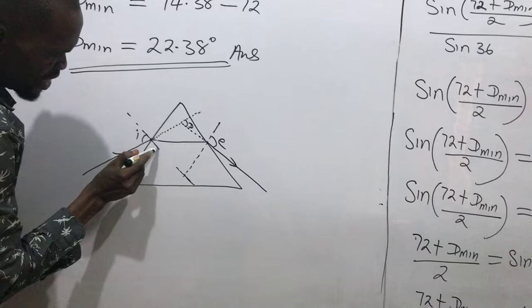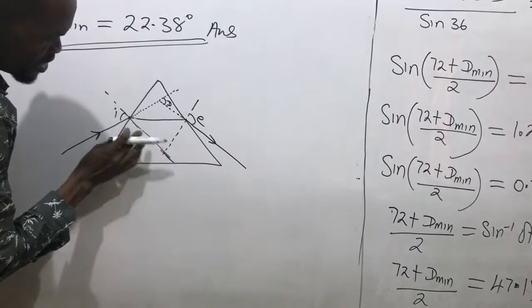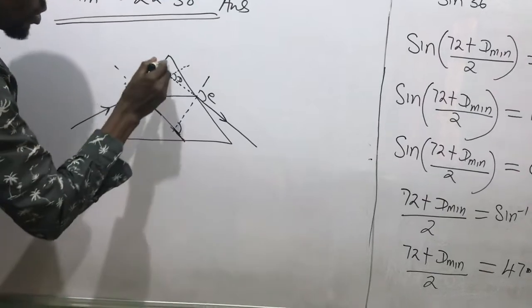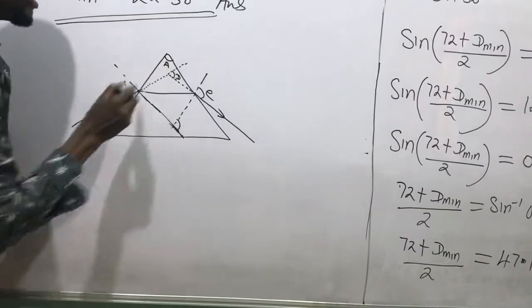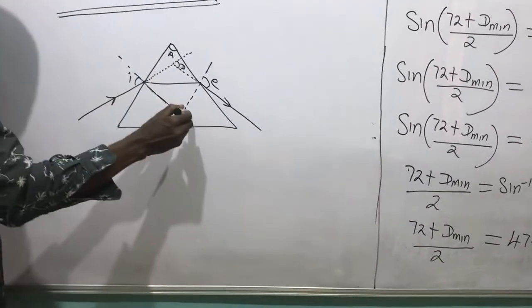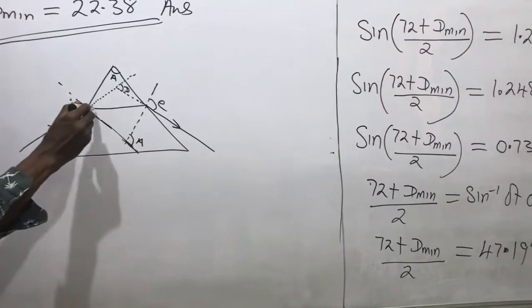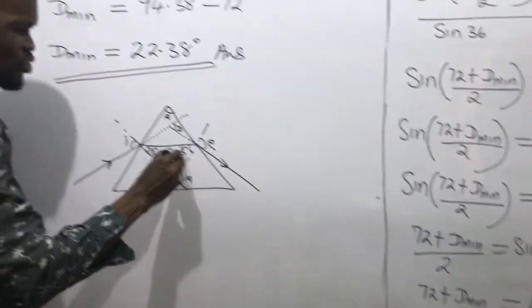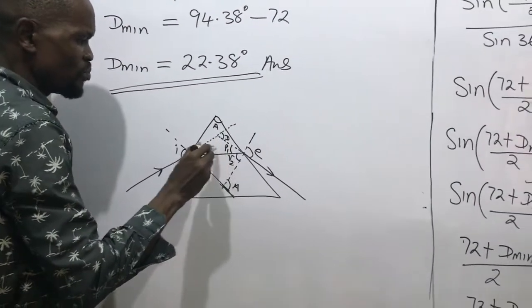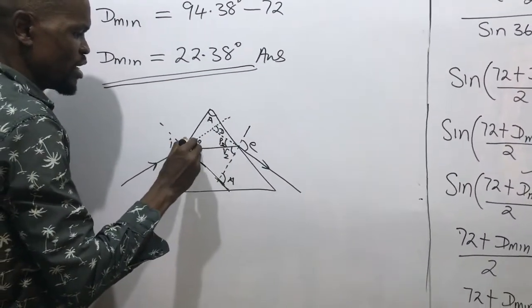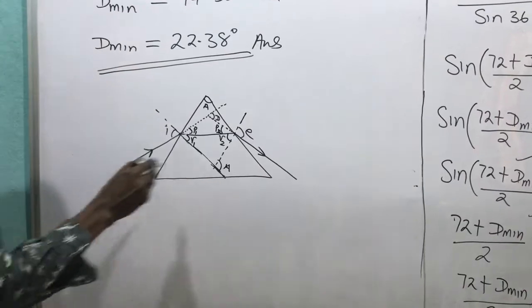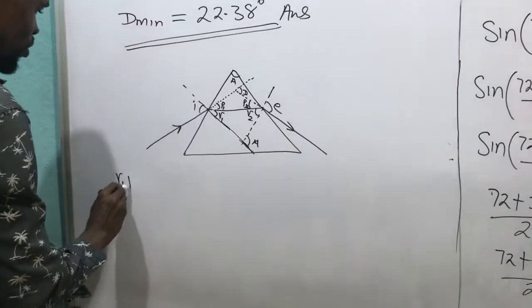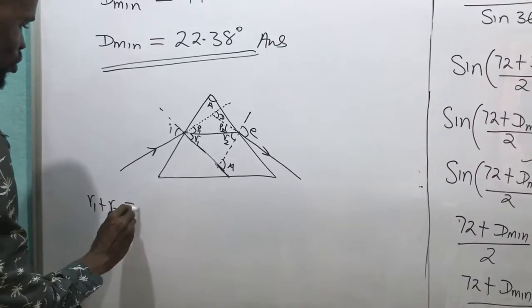Then this, which I draw here, is a normal, and this angle here is the prism angle, which is A. Here is refraction 1, here is refraction 2, I call here P1, P2. We can now say that R1 plus R2 is equal to A.